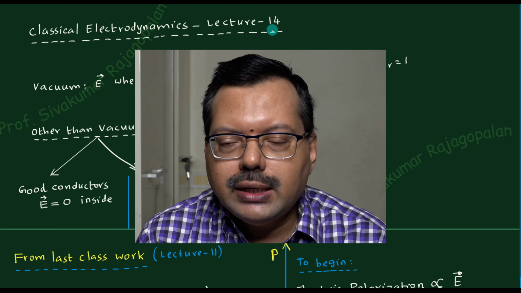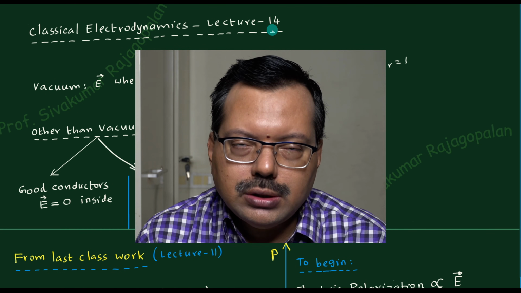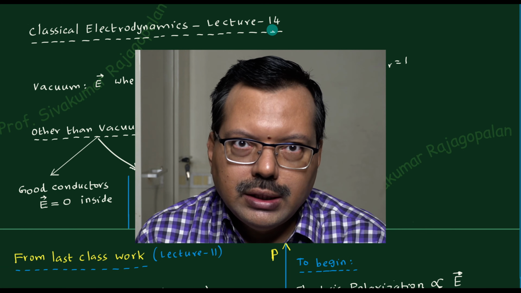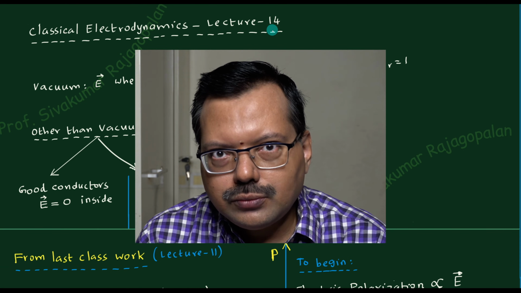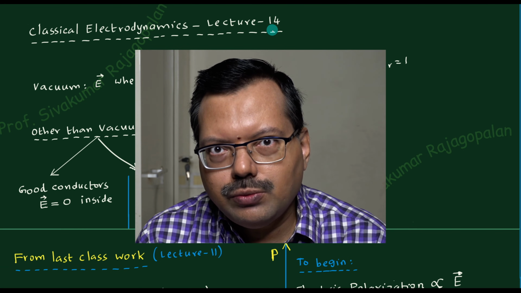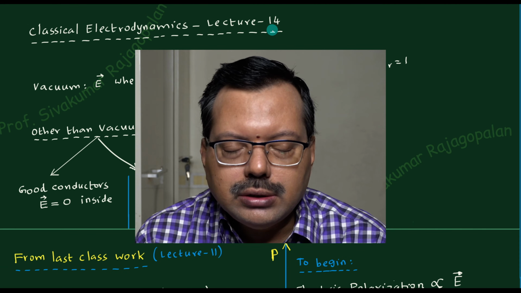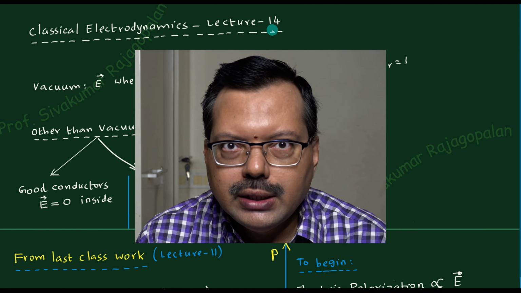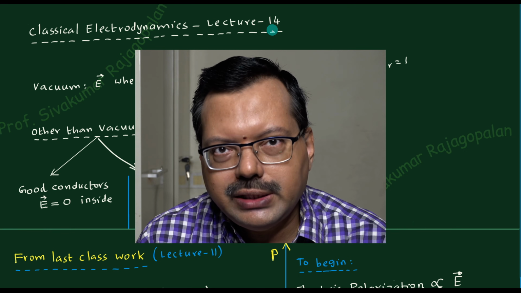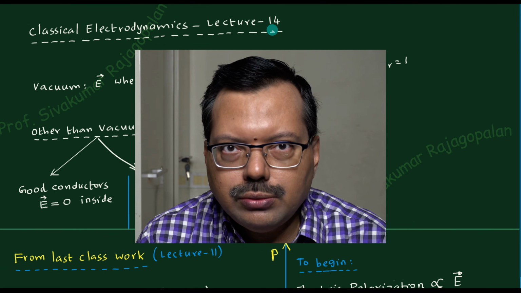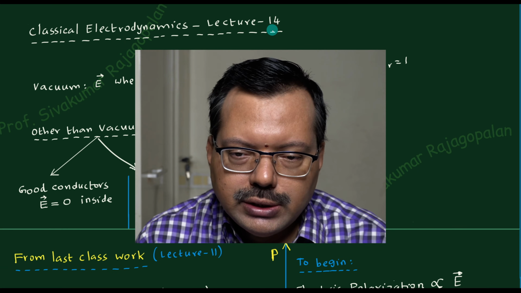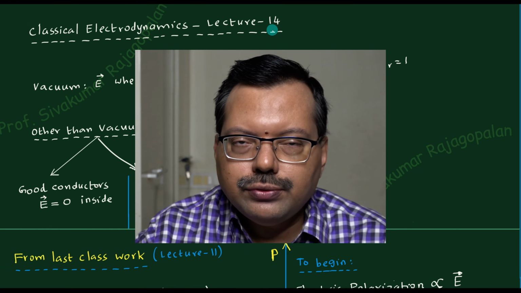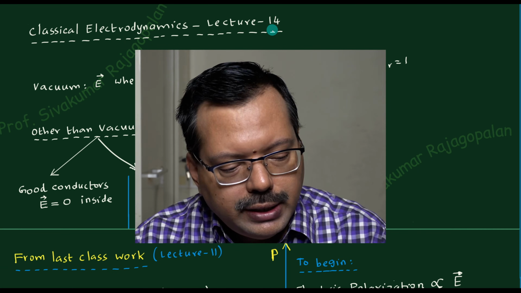That is the first question, and the answer naturally comes in terms of the interface behavior. Therefore, we also ask what could be the relation to be satisfied by the electric field at the interface of two dielectric materials. That is how we start today's class, so let me go to the board and explain.